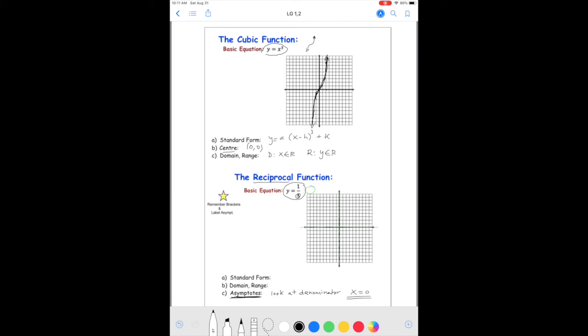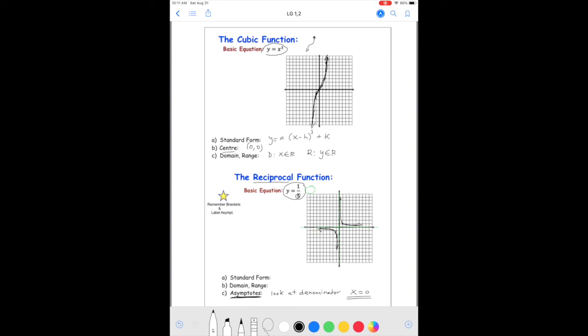So if I make x 1, well 1 over 1 is 1. Alright, and you know the asymptote, so it gets close and then it sort of turns and gets close. So it looks like that. And it's a mirror image over here. Alright, so there is the function graphed.